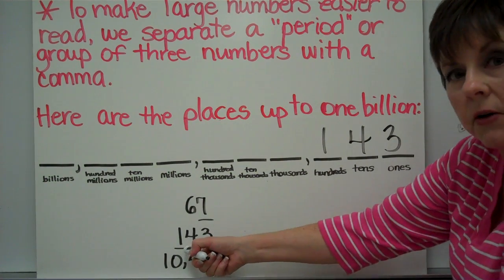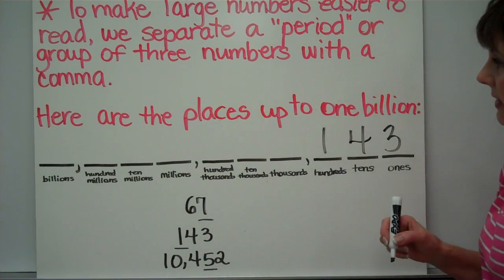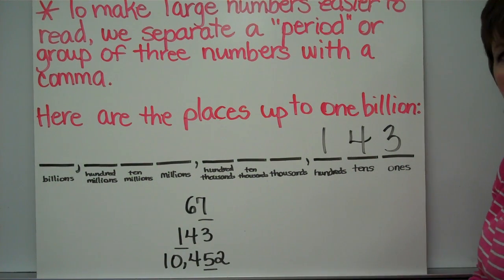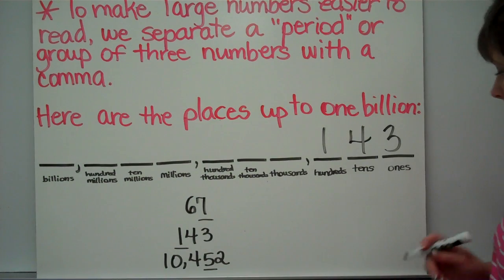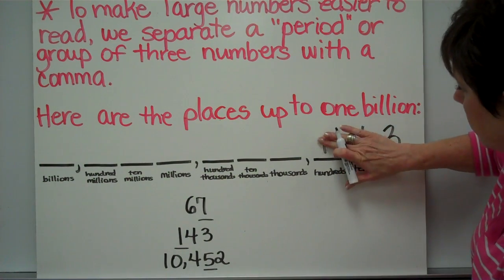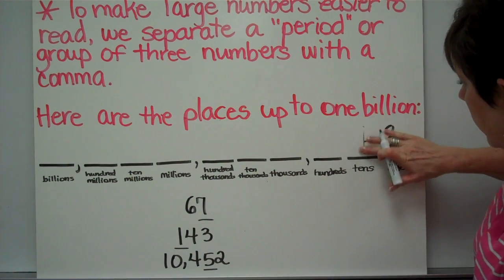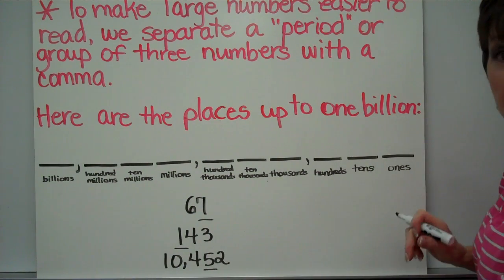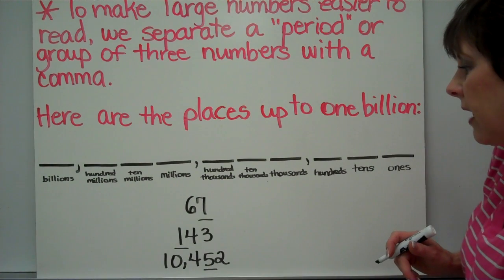The 1 is underlined. What place value is this in? Well, you can tell the 1 is in the hundreds place. As you can see, using a place value chart can be really helpful if you don't totally understand your place values yet.